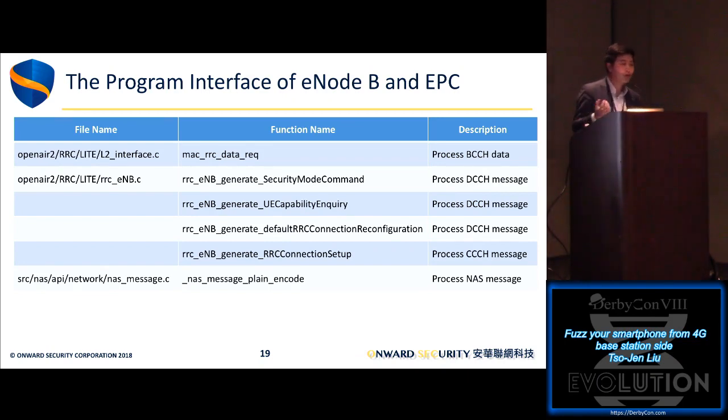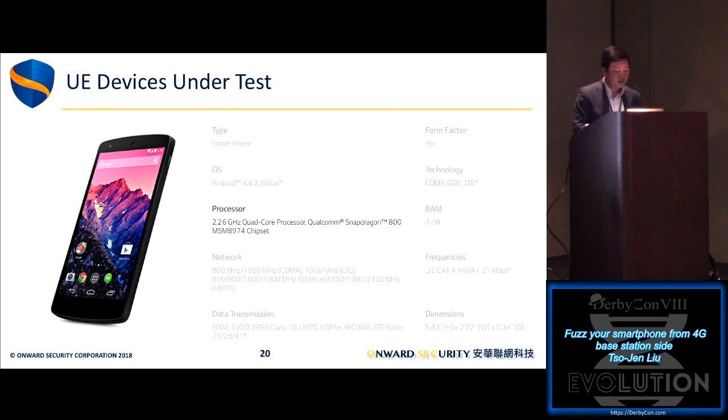Our fuzzer will generate the pattern, and we rewrite the function to read a pattern from our file and send the malformed data to a cell phone. Okay, this is our testing target this time.